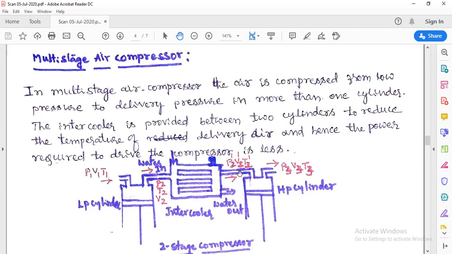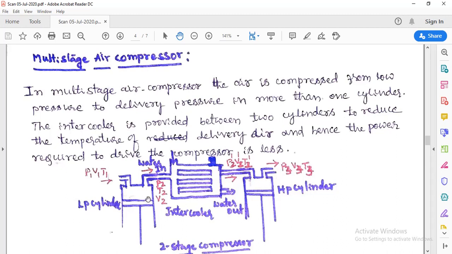So at pressure P2 dash, V2 dash and T2 dash, the air enters the second cylinder, that is the high pressure cylinder. Since the volume of the air is already less before entering the compressor cylinder, with less work done the pressure can be increased from intermediate pressure to the final pressure, that is the delivery pressure.